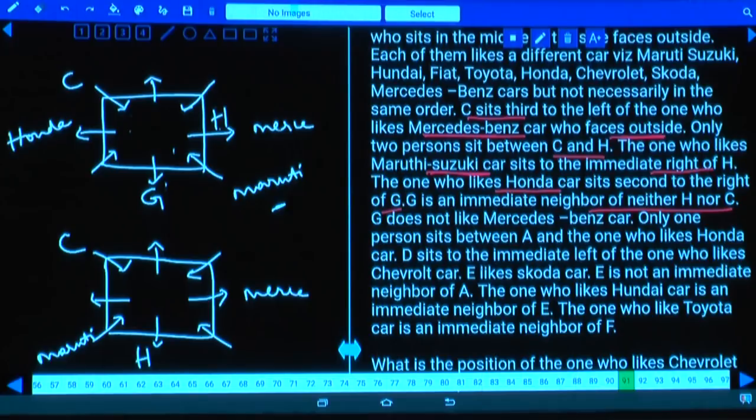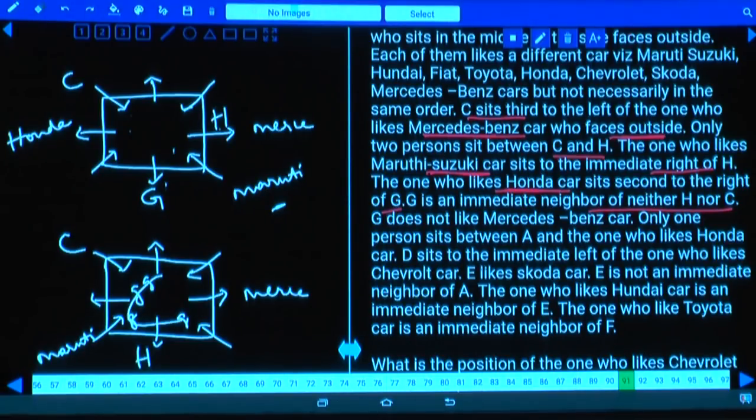The person who likes a Honda car sits second to the right of G. G is neither an immediate neighbor of H nor C. Again coming to this one, G cannot be at any one of these places. Hence G must be either here or here. If G is at this place, then Honda car must be C, isn't it?